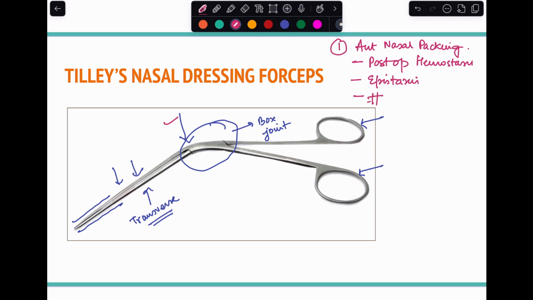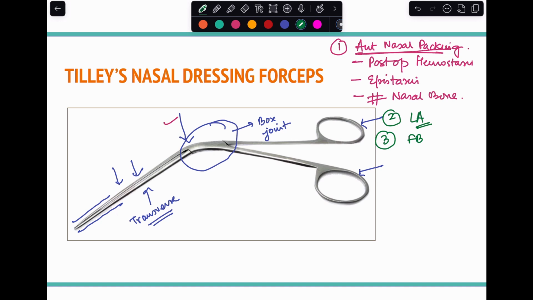We can also do it in case of fracture of nasal bone for fixing it. So first use is anterior nasal packing. And second, we can use the Tilly's forceps to introduce cotton pledgets which are soaked in adrenaline for local anesthesia into the nasal cavity. And third, we can also use this to remove foreign body from the nose. So these are the uses of the Tilly's nasal dressing forceps.